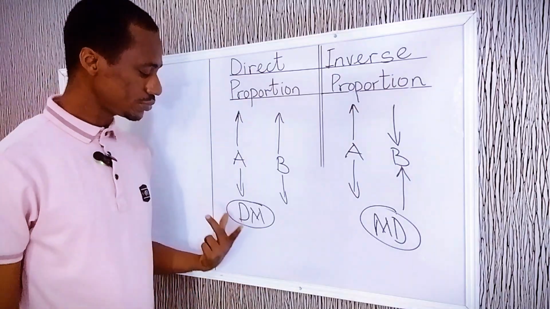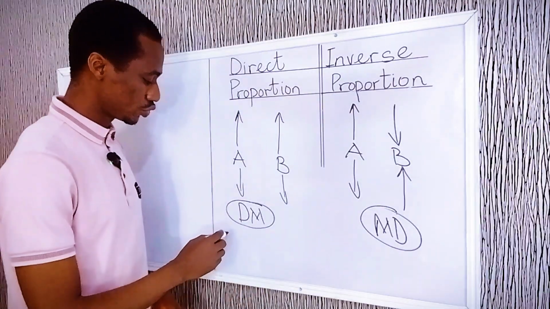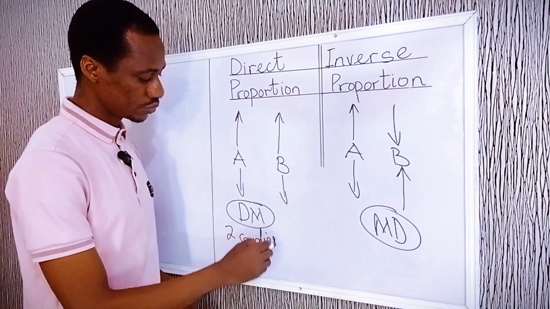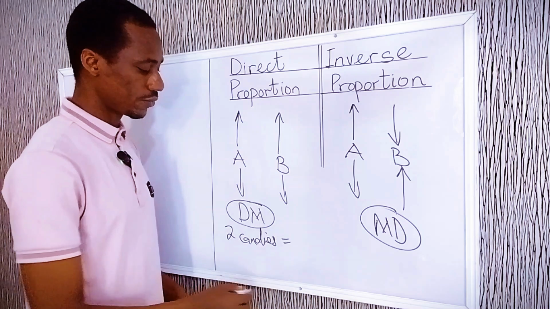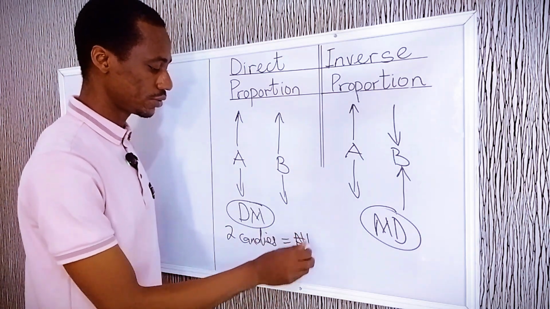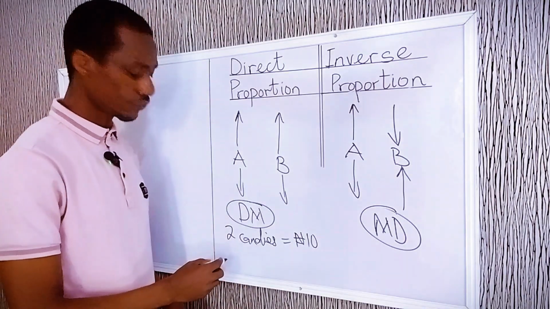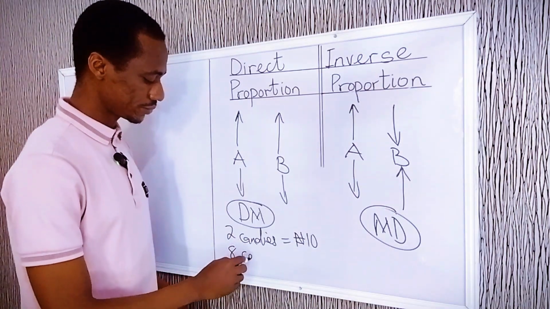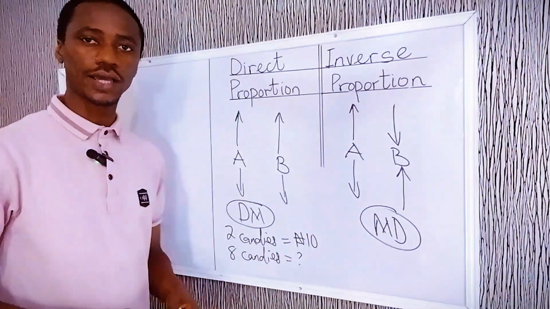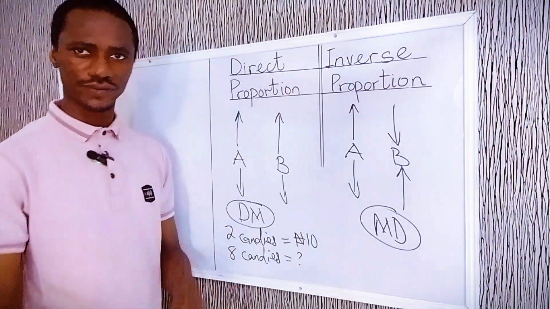Now, for instance, let's say you have 2 candies for 10 naira, and then I ask you to find the amount for 8 candies. So how much will you pay for 8 candies? The first thing you have to check is: is this a direct proportion or an inverse proportion?